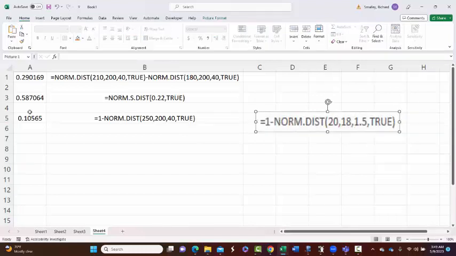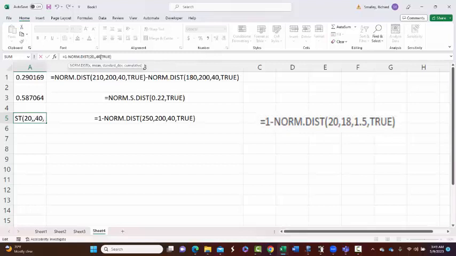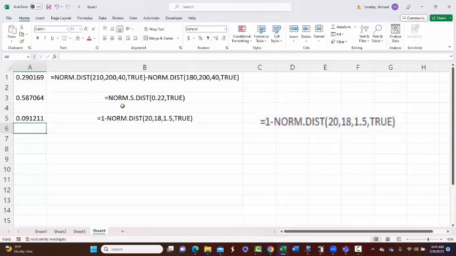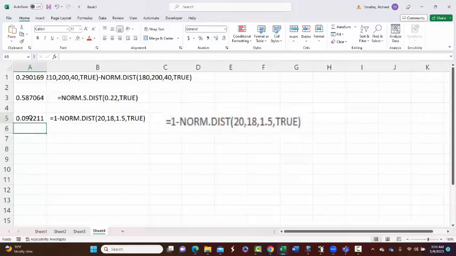Yes, I'm just going to go right to this norm dist at the bottom and just type that right in there. 18, 1.5 and true. And there we go. 0.0912 looks good. So let's copy that to the notes.